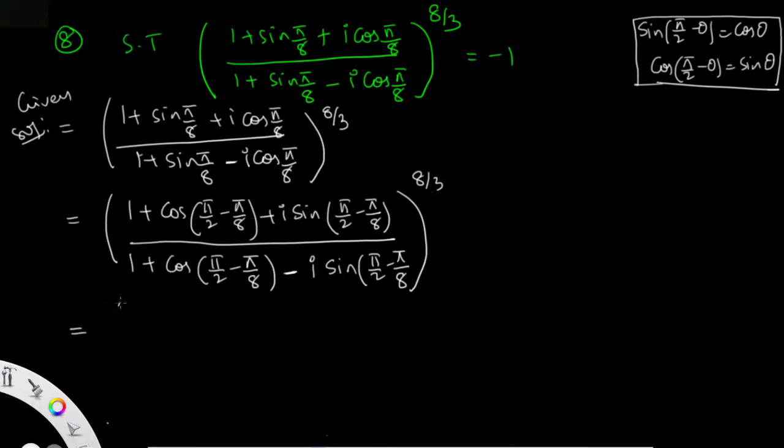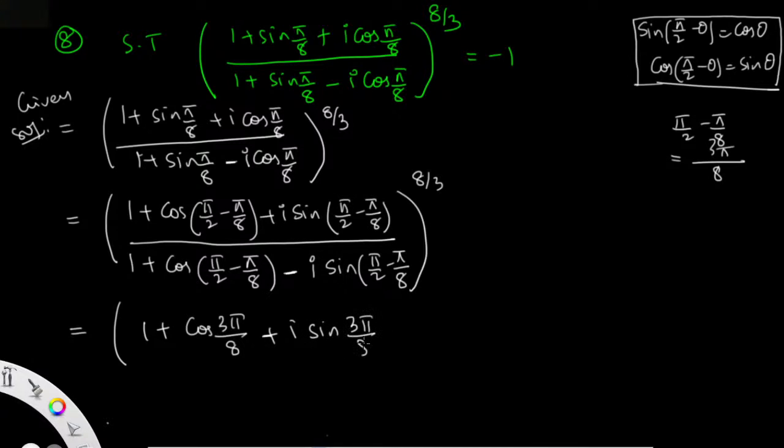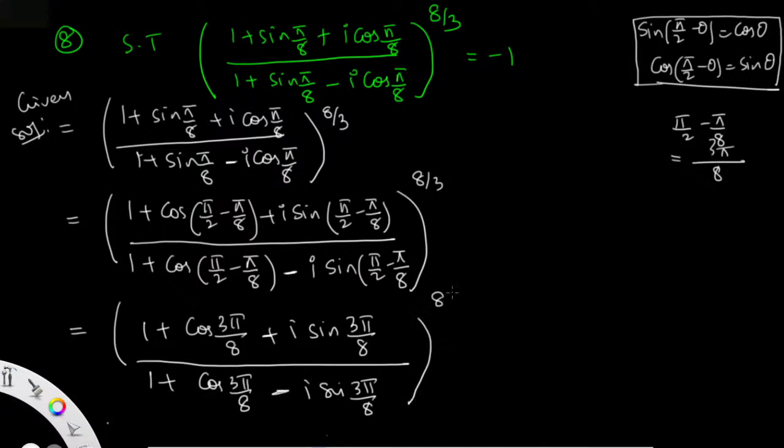So that is 1 plus, now pi by 2 minus pi by 8 simplifies to the angle 3 pi by 8. So we write 1 plus cos 3 pi by 8 plus i sin 3 pi by 8, divided by 1 plus cos 3 pi by 8 minus i sin 3 pi by 8. The same thing, just replace plus by minus, and the power 8 by 3 is given in the question.